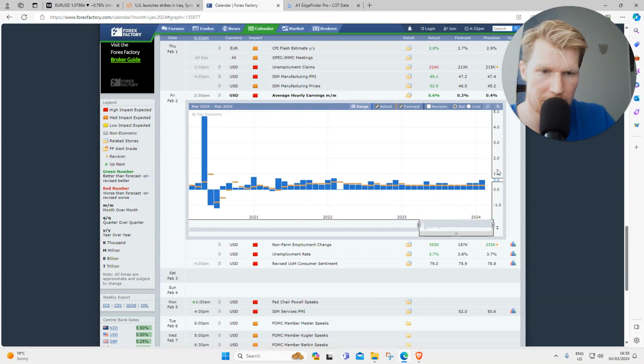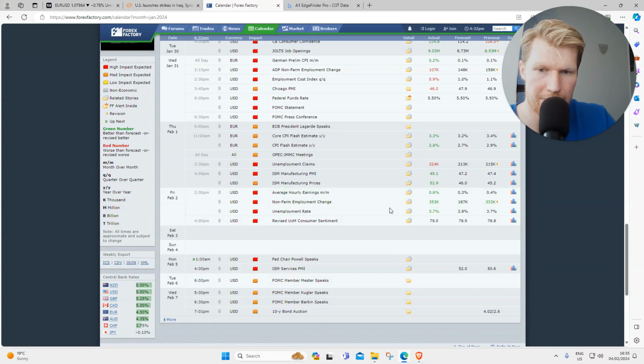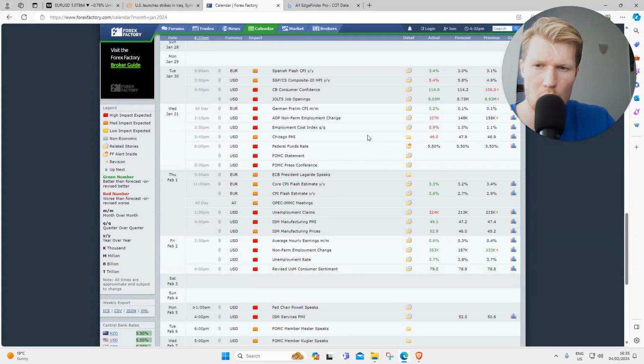We had a nice big jump in average hourly earnings, and then we had NFP super positive again, a huge jump way above the forecast, and we also had the unemployment rate holding strong, a drop in the unemployment rate, which is obviously positive again. So this is really positive US labor market data.